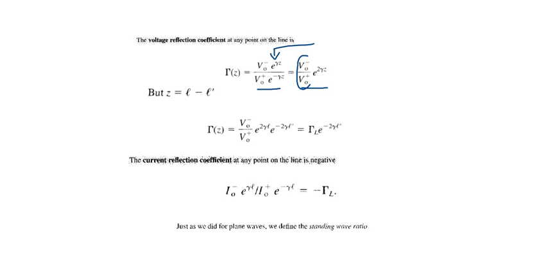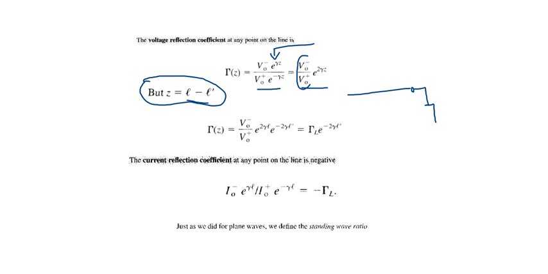But here we know that on the transmission line, any point from the load is defined by a general length value Z. So in place of Z we can write L minus L dash. Let me recall this. Suppose this is my transmission line, and here this is the point at which my ZL is connected.